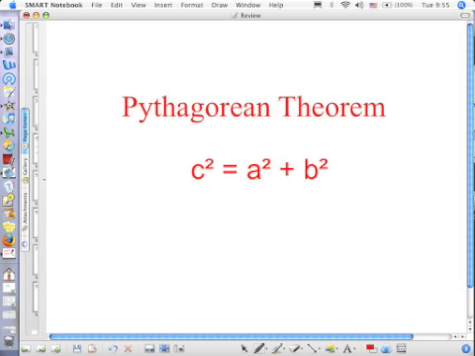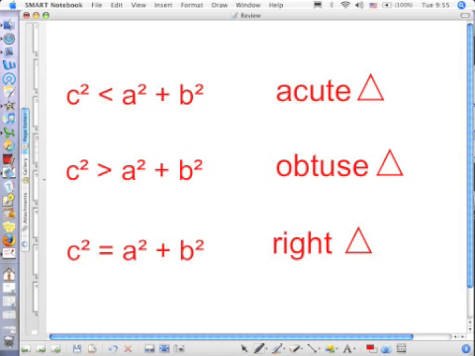Now, the reason I wrote it in this order is because we also covered in this section how to use the Pythagorean theorem to classify triangles. If you recall, we used it in order to tell whether a triangle was acute, obtuse, or right, where C represents the longest side of the triangle.